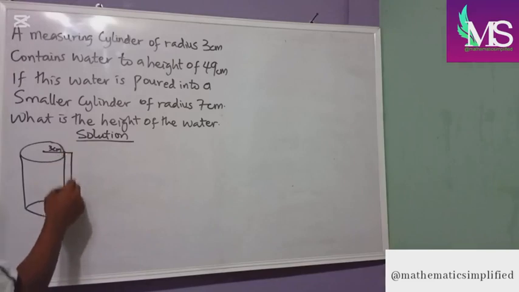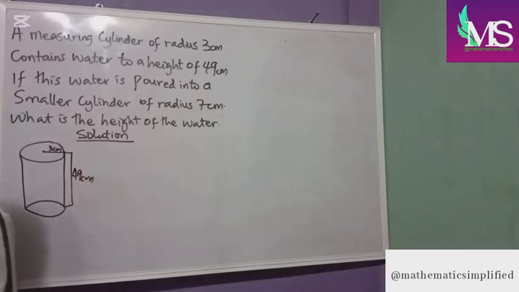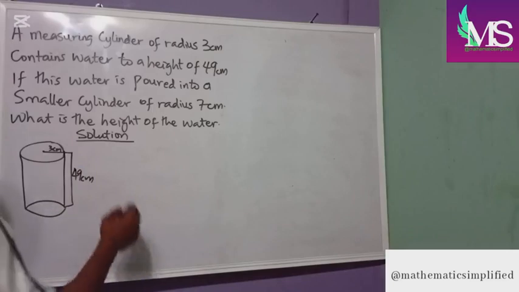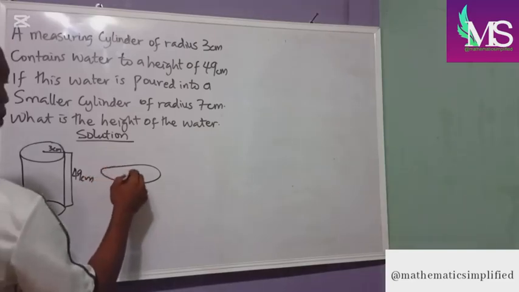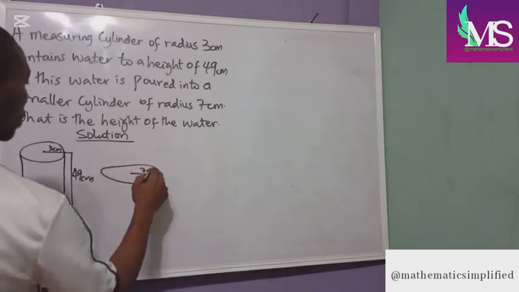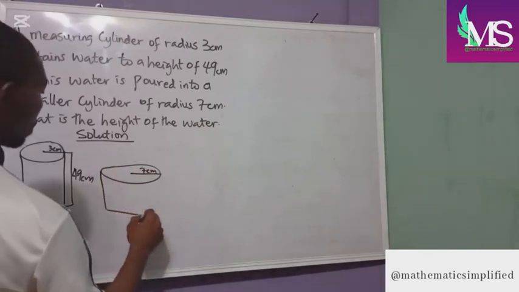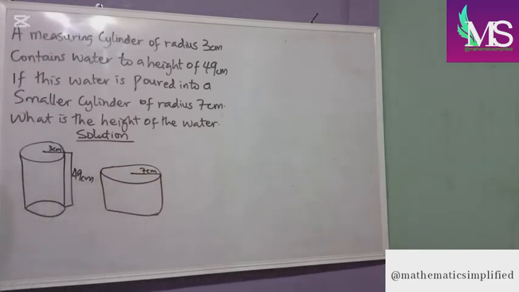Let's say the height is 49 cm. Now if this water is poured into a smaller cylinder of radius 7 cm, calculate the height of the water in this.